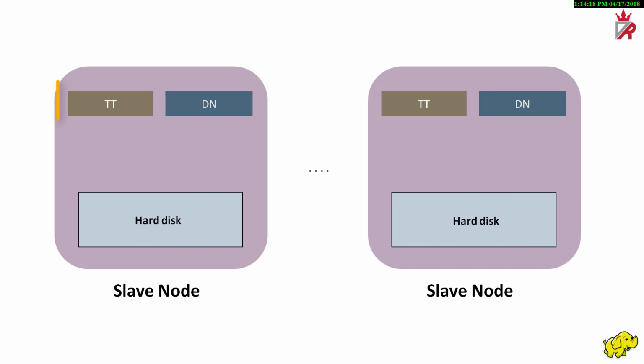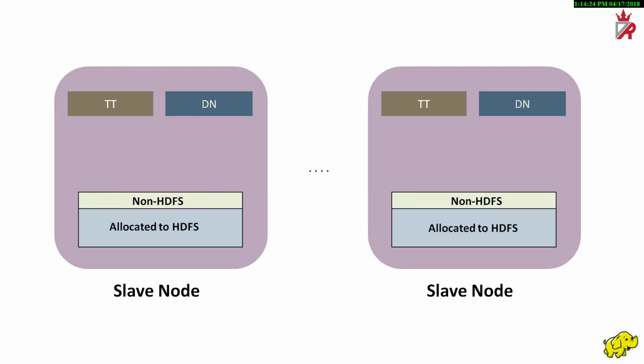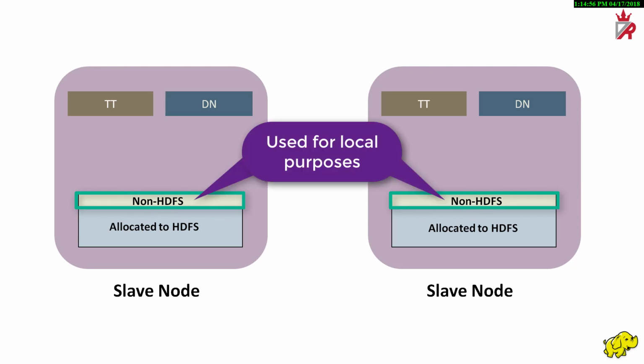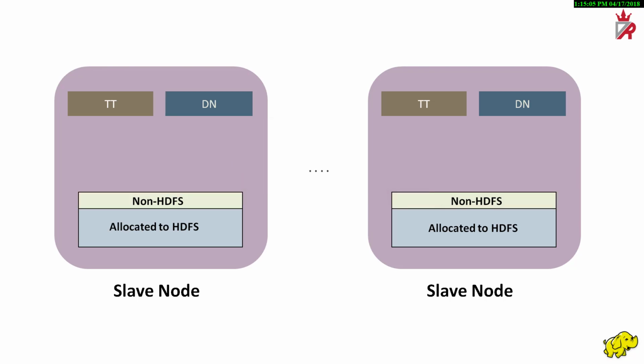On installing Hadoop, every slave node's hard disk space is divided for HDFS and non-HDFS purposes. Non-HDFS space is the allocated local space that is used by the slave node for its own local purposes, whereas the allocated HDFS space forms the part of the commonly shared and available HDFS. This is where the actual data is stored.